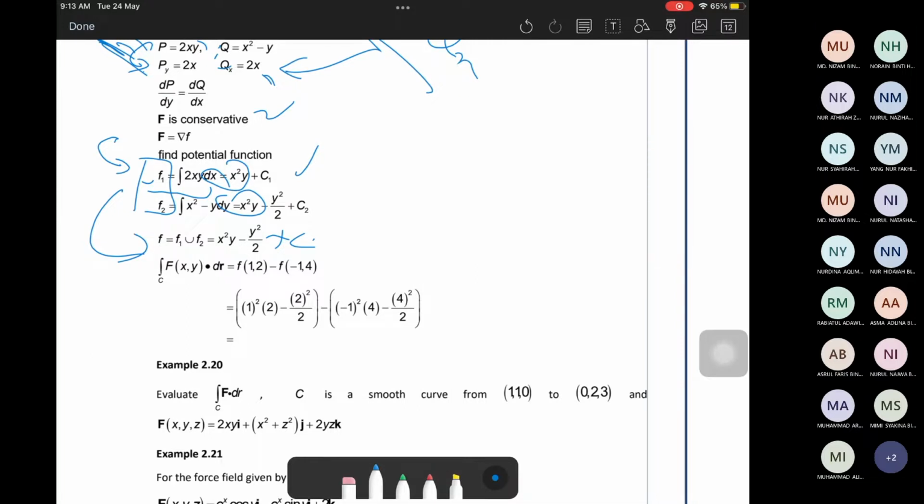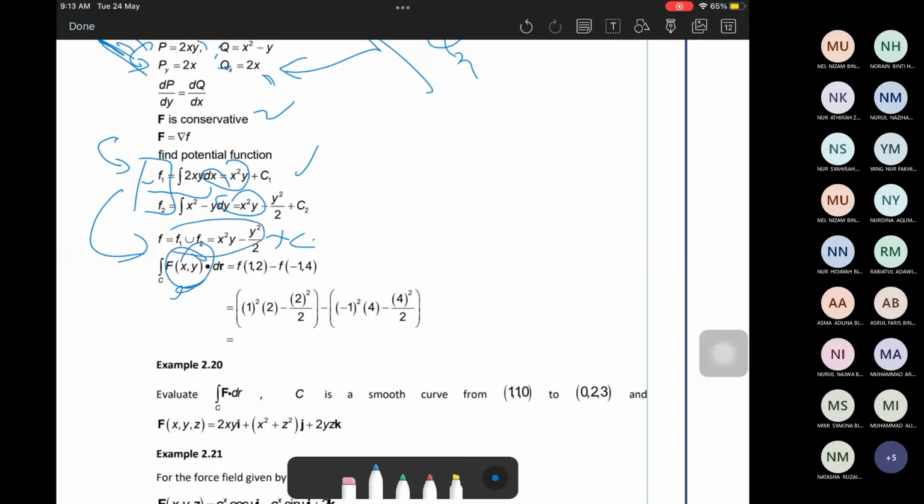Okay, lepas tu kita integrate lah. ∫F(x,y) dot dr equal to f(1,2) minus f(-1,4). Jadi once kita dapat potential function, kita apply potential function tu untuk mencari line integral, iaitu tak perlu lagi kita nak integrate bagai semua F dot dr ni.